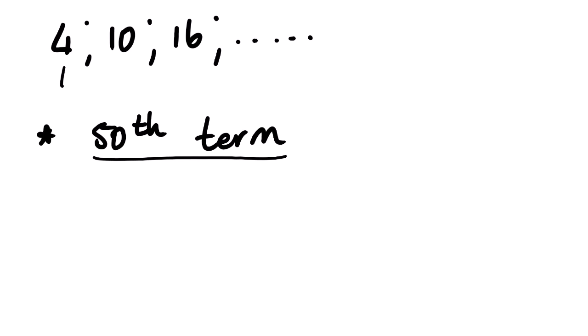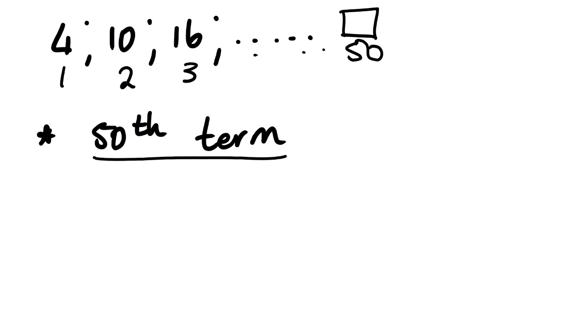This is term 1, term 2, term 3, and we go on up to term number 50. If we use the method of adding 6, 6 and 6, we are going to take the whole day. So there is a formula for us to calculate the number at any position.